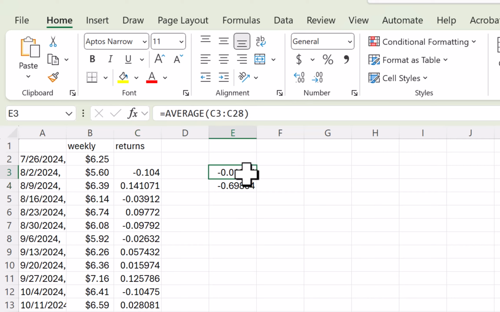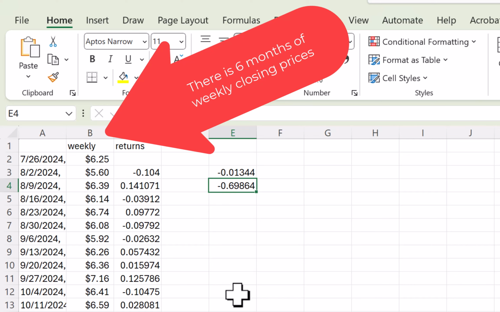If I get the average of those returns, I'm getting minus 0.01, but those are weekly returns. So I want to scale that up. I want to multiply it by, in this case, 52, because they're weekly returns. So the drift, if I use weekly data, would be minus 0.698.